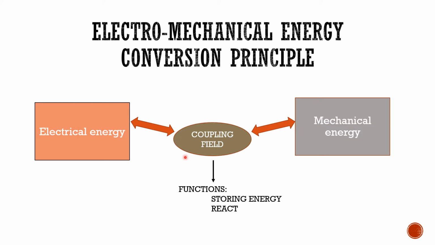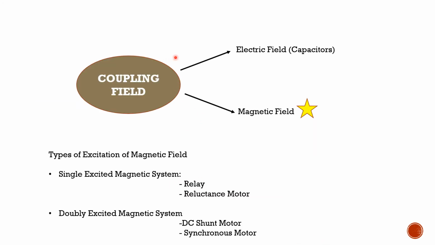Basically, the functions of this coupling field are to store energy, and also to react to the system. This is the second function that a coupling field has. A coupling field can be achieved by having an electric field, which can be done with capacitors, but also by having a magnetic field.